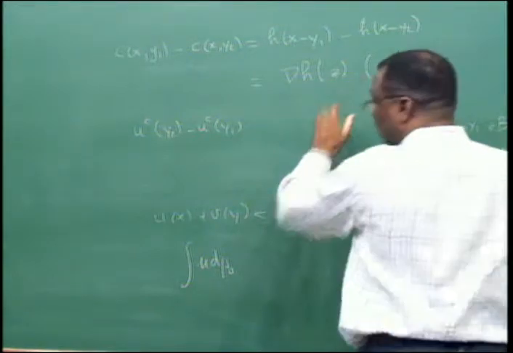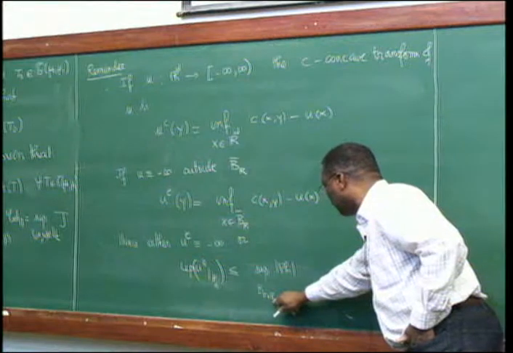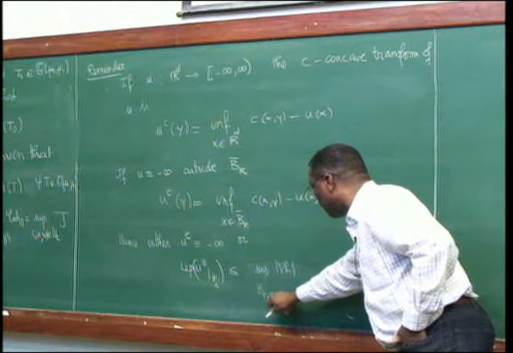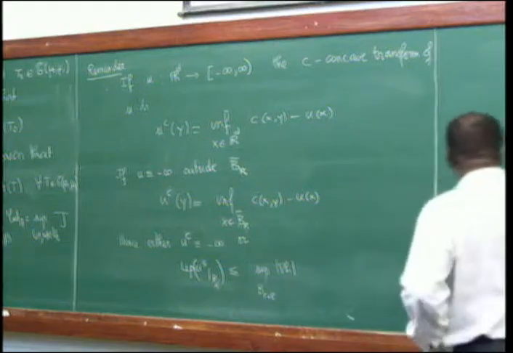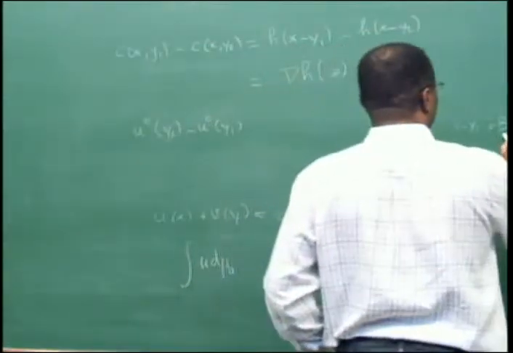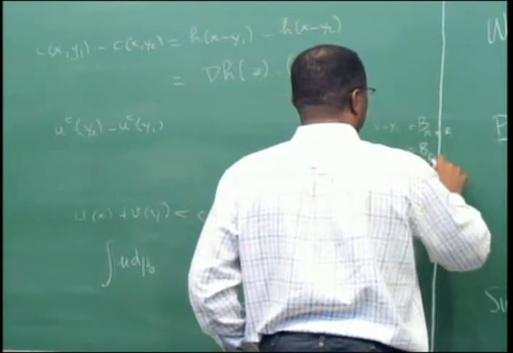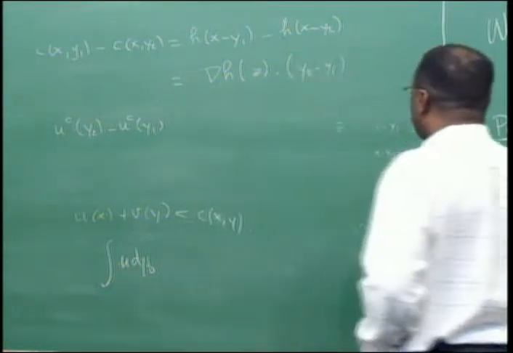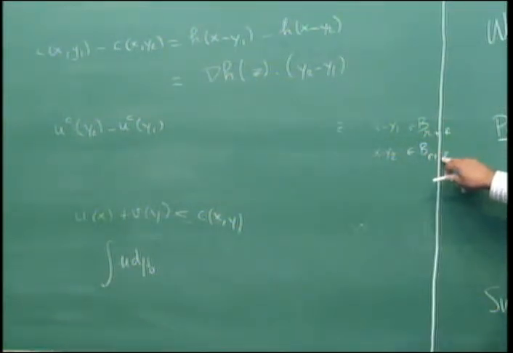But if x is in the ball of radius capital R, y1 is in the ball of radius little r, this is in the ball of radius capital R plus little r. Z being between these 2 points, z is also in the ball.